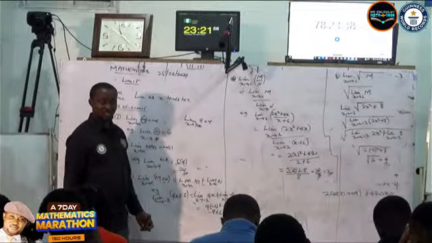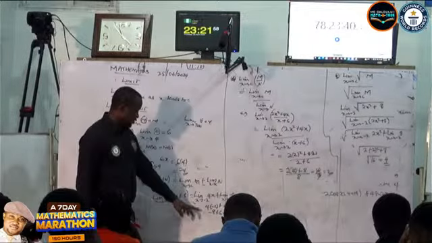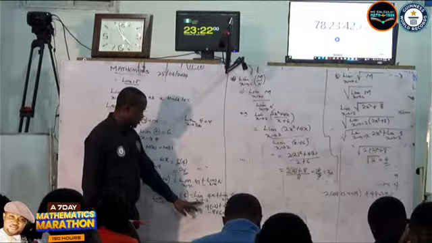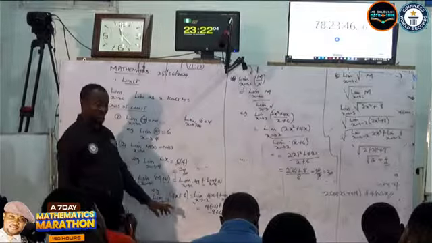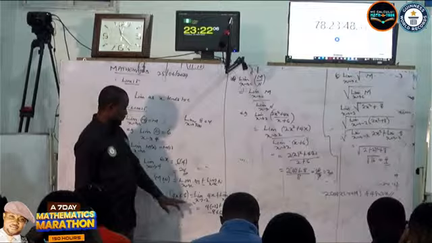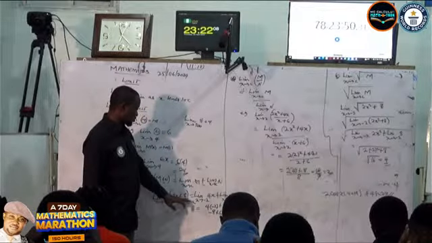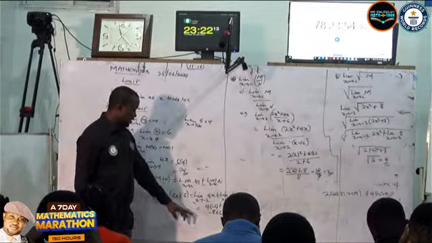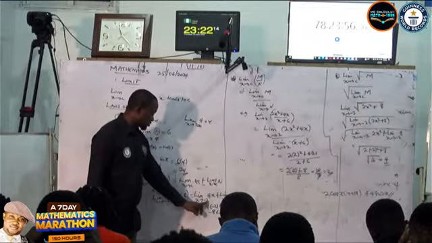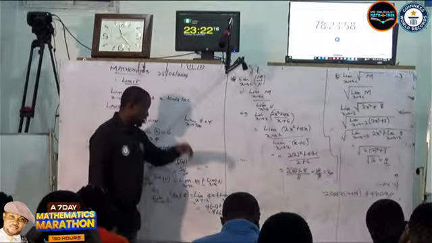Is that clear? The limit goes to 4x and also goes to 6. So now I put minus 2 wherever I see x, and I get the corresponding value.